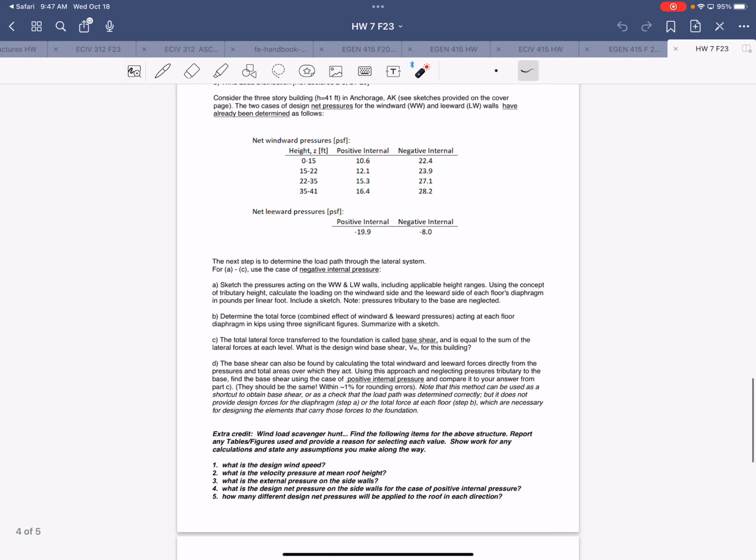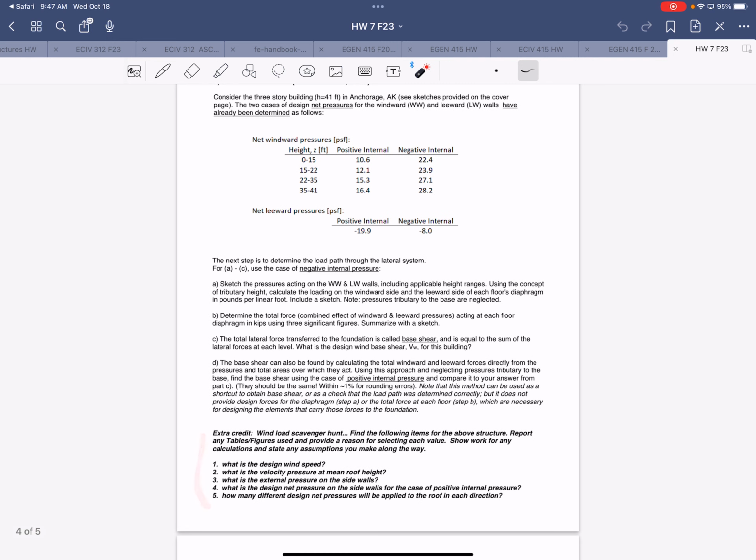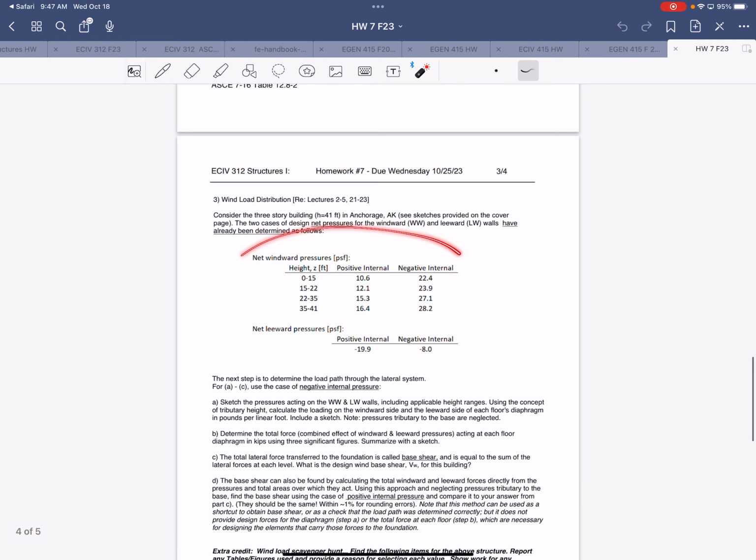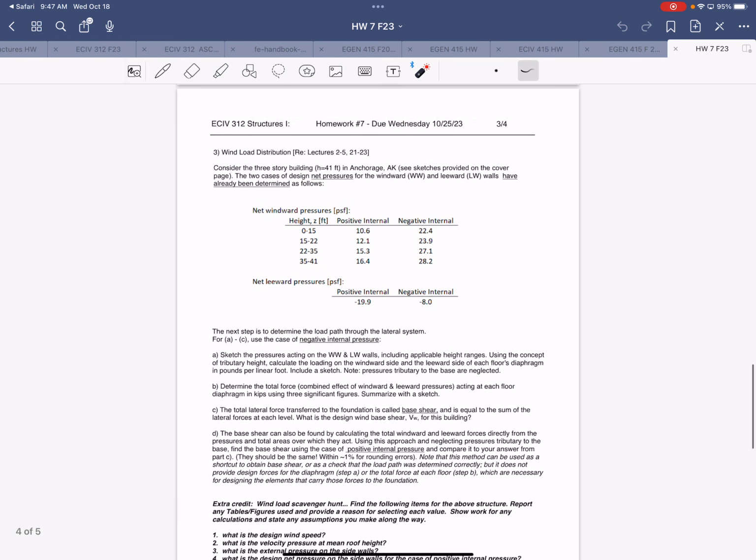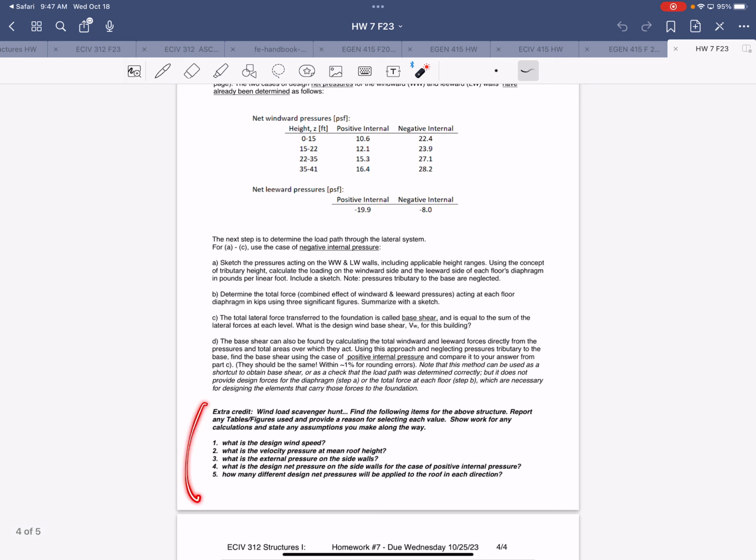And then for extra credit, right, you can use the information that's given and try to play detective and find some of these other pieces of information that would be used to calculate this, all right? So you can be creative, right? Think outside the box. You don't have to necessarily calculate everything the way that we did, all right? See if you can understand the differences between positive internal and negative internal cases, right?